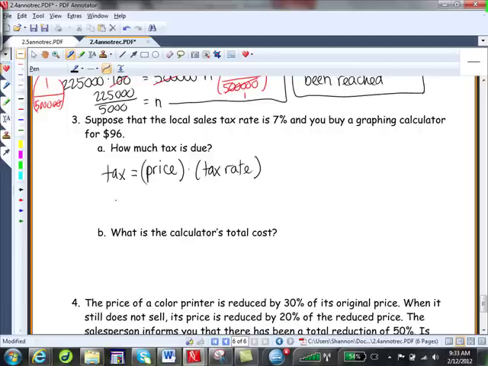So let's just call tax T. What was the price? Good, $96. And the tax rate was 7%.